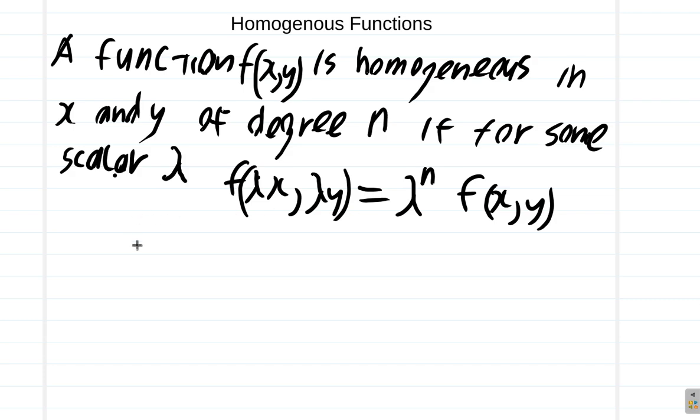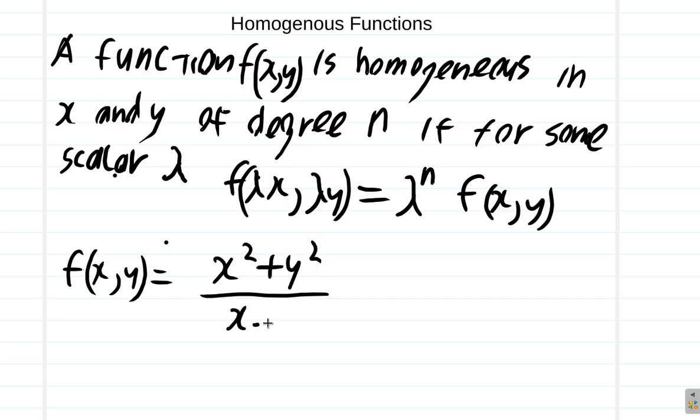Now, let's look at a few examples and see how we deal with this issue. Suppose we look at this function f of x, y is equal to x squared plus y squared divided by x minus y. Is that function homogeneous?